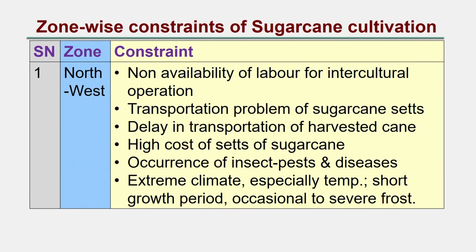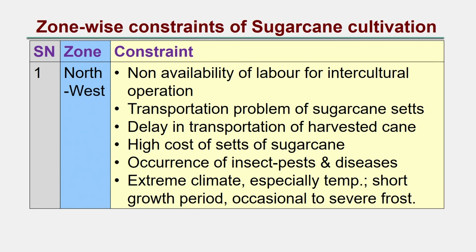Now, zone-wise constraint of sugarcane cultivation. There are number of constraints in different zones of sugarcane growing. Some constraint of course may be common, but some may be unique to a particular zone. So first of all, check the constraint in northwest zone.